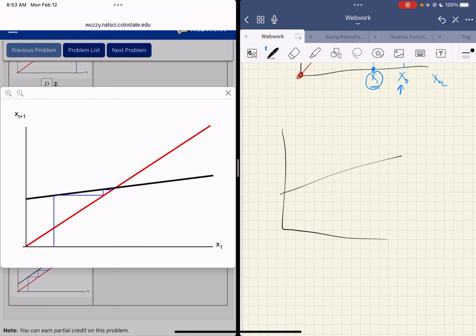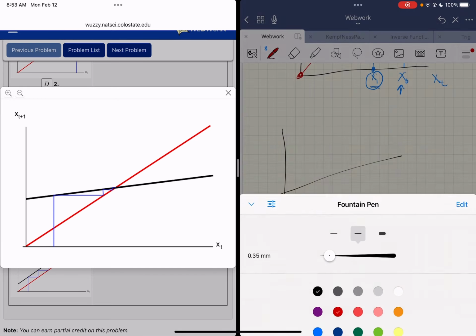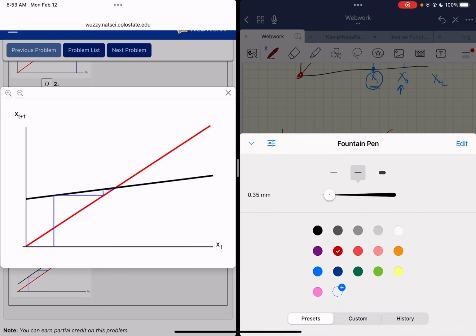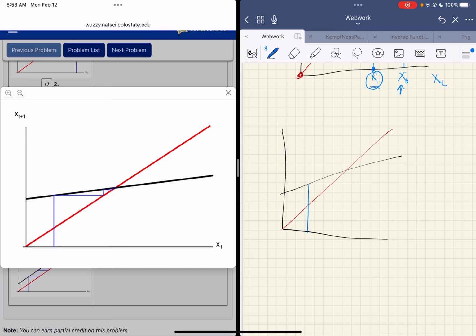Okay, so the black line looks like this, and there's this line, boom, and now if I was to cobweb, I come up, boom. Okay, so here's x1 when I start at x0, and the fact that this red line is the line y equals x means if you know a y value, then you also know the x value, and so this is also x1.